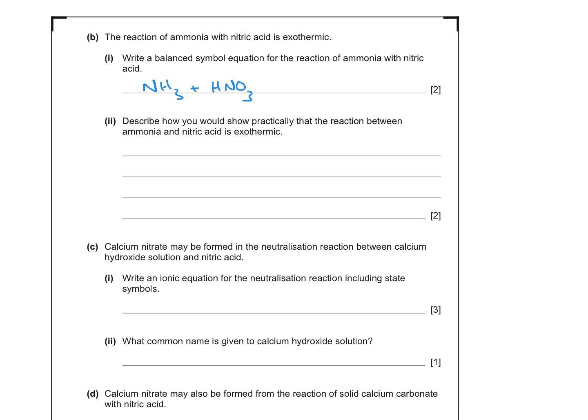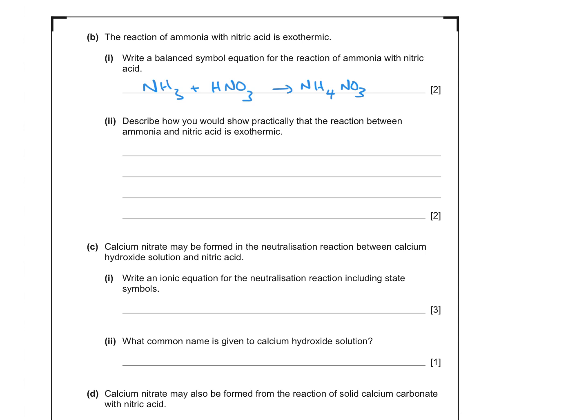When ammonia reacts with an acid, you just combine the two reactants. And so what you get is NH4, which is ammonium, and NO3. So that there is known as ammonium nitrate.